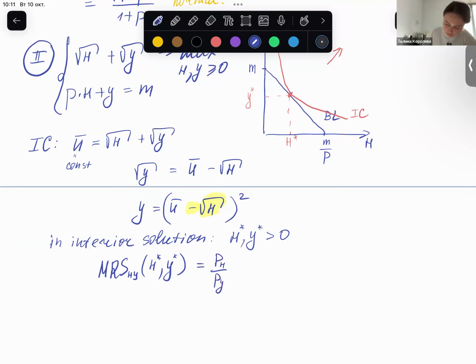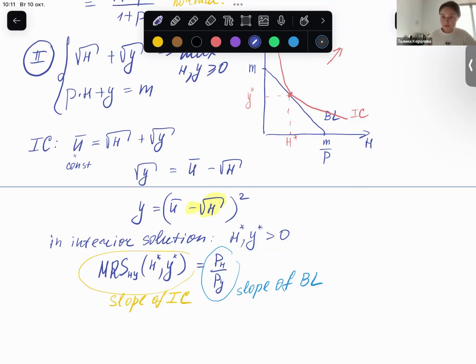This is the slope of our budget line. And this is the slope of the indifference curve. And also, we should spend all our monetary income. So such a point should lie on the budget line.